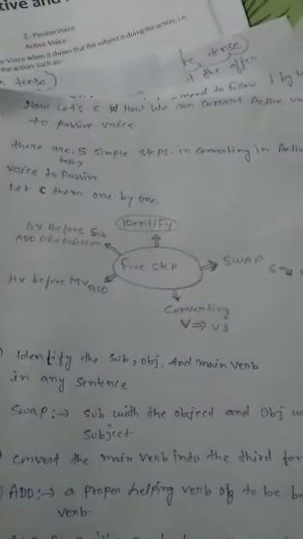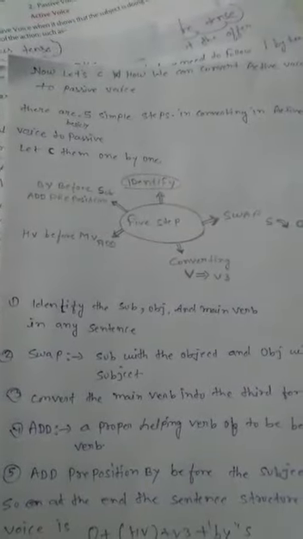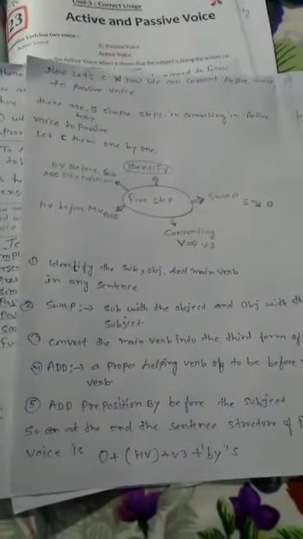Now let's see how we can convert active voice to passive voice. There are basically 5 simple steps in converting active voice to passive. Let's see them one by one. First, identify the subject, object and main verb in the sentence. Second, swap the subject with the object and the object with the subject.